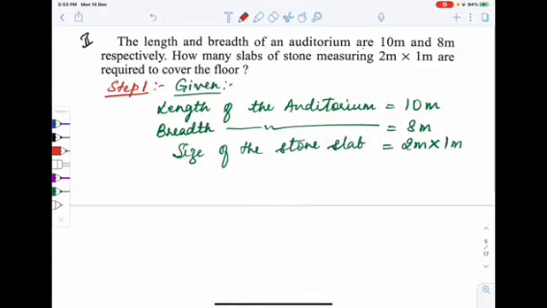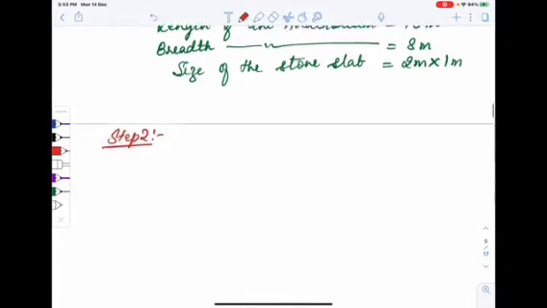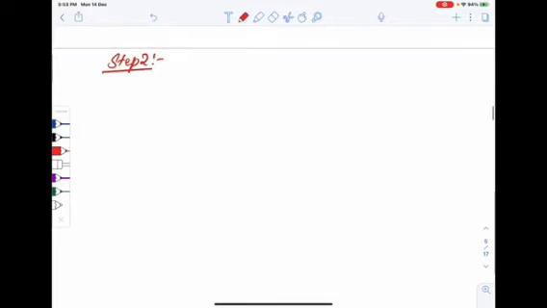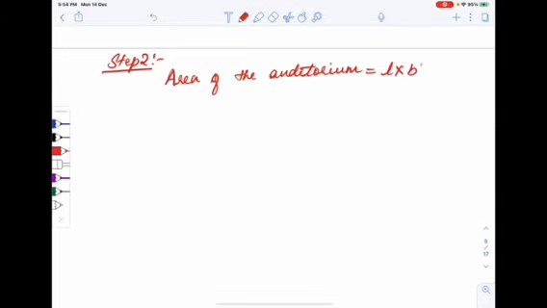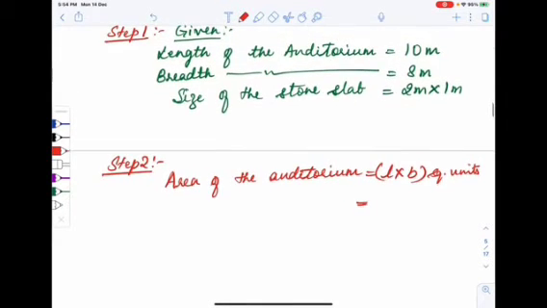Now for step 2. Step 2 is we need to find the area. So area of the auditorium is equal to, what is the formula that we know? L into B square units. Right, children? Okay. Now, area of the auditorium is found out by L into B. L given here is 10 into B is 8, and unit is meters.